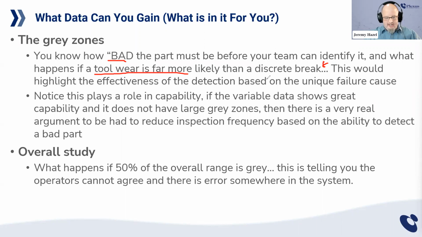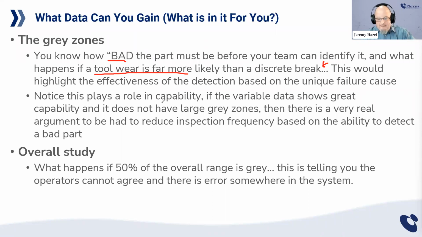Let's say that you're running a characteristic and you have a tool break, right? That will form a grossly negligent type of feature. I mean, it may be the hole isn't even present. But what happens if the tool wear goes smaller and smaller and smaller, and you're looking at that tool diameter from a visual perspective? This will tell you exactly where the diameter shrinks to where people can't identify whether it's passable or not.